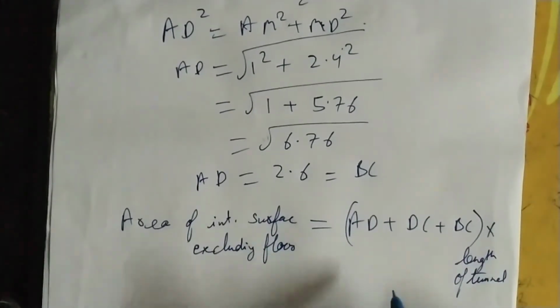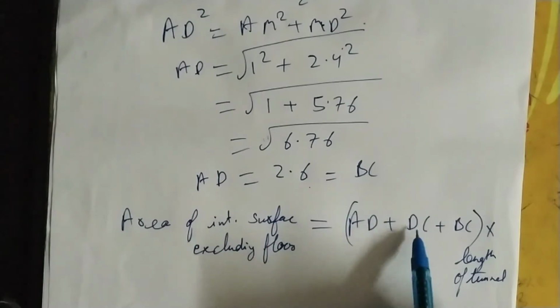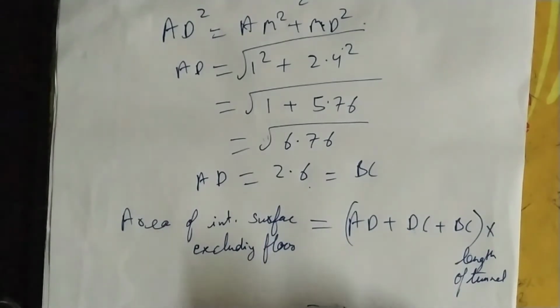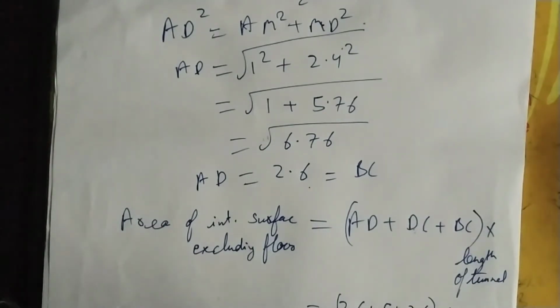You can just put in the values. AD we have calculated, BC we have calculated, DC is 5. So 2.6 plus 5 plus 2.6, multiplied by the length of the tunnel, which is given as 40 meters.